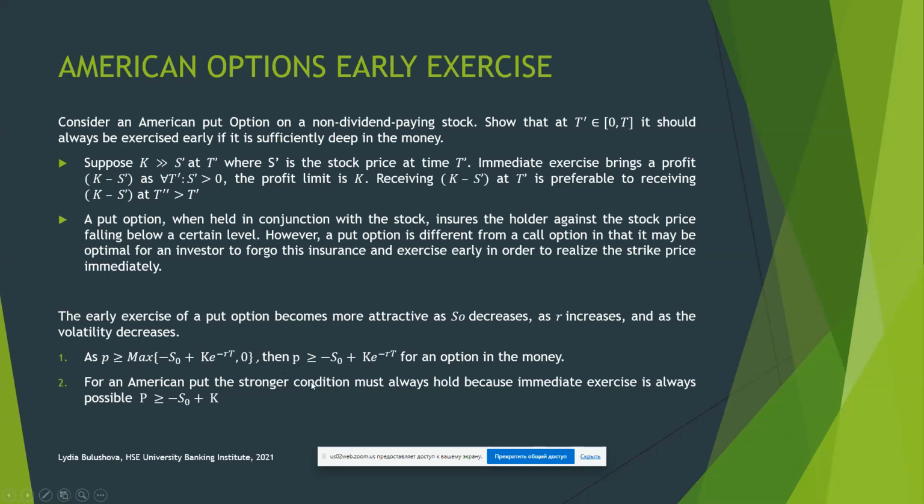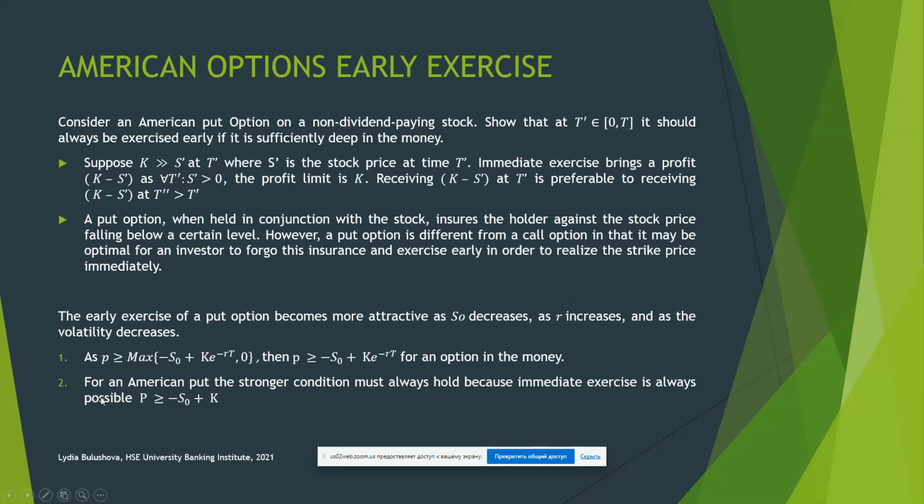So we know that the price of a put option is greater or equal to the difference between the discounted strike value and the initial asset price for an option in the money.